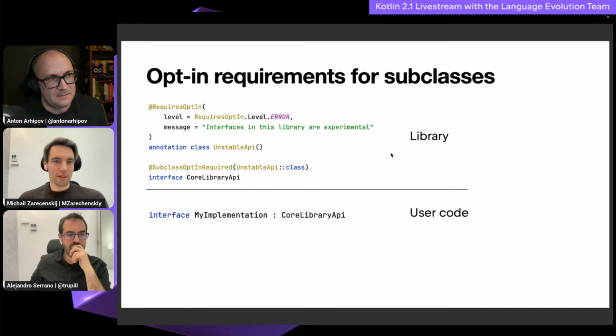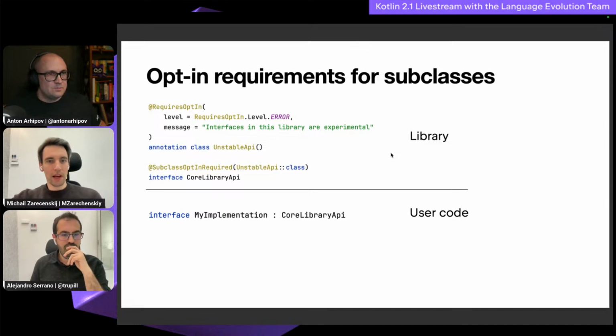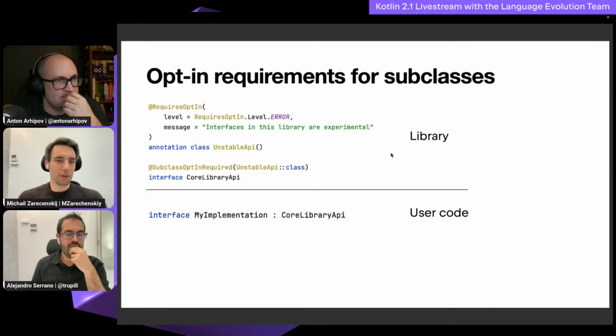And in a nutshell, declarations with an opt-in annotation issue a warning or an error at the call site.